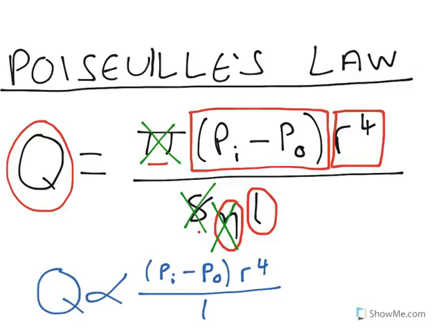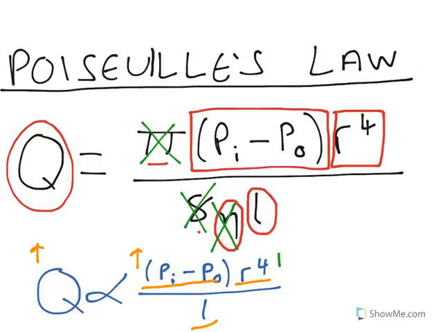So in this case, flow rate is directly proportional to pressure difference, directly proportional to the radius to the power 4, but inversely proportional to the length. So if we increase the pressure difference, we increase the flow rate.